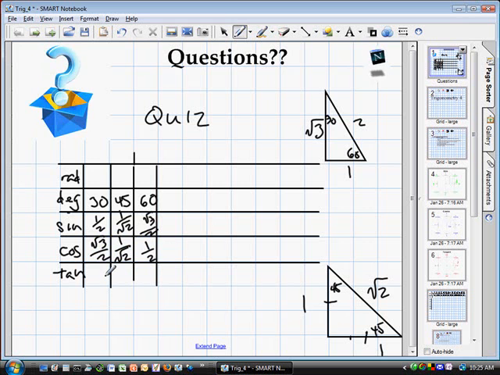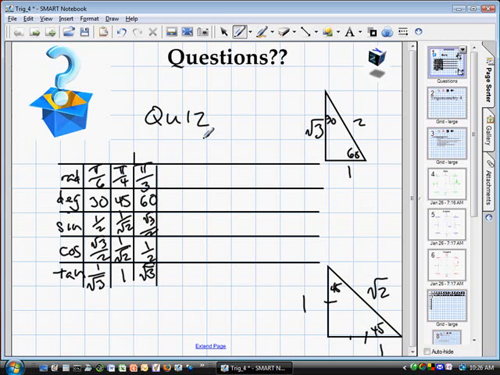Tangent 30. Tangent of 45. Tangent of 60. You could just say square root of 3 over 1 or square root of 3. Radians. I guess you could have calculated it, but anyway, that's what I was looking for in the quiz.